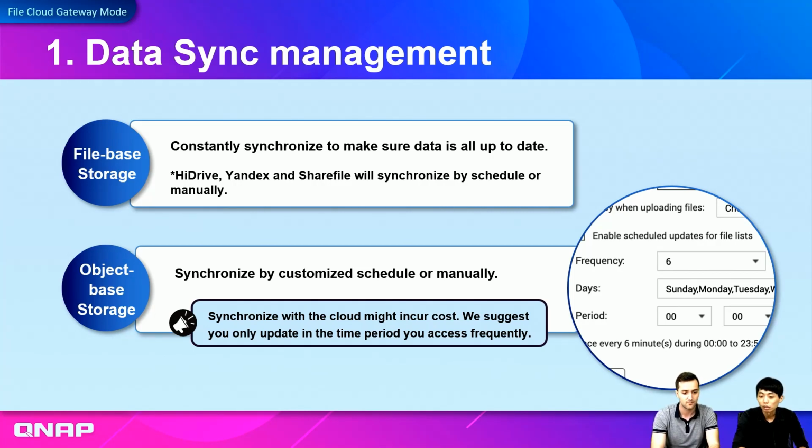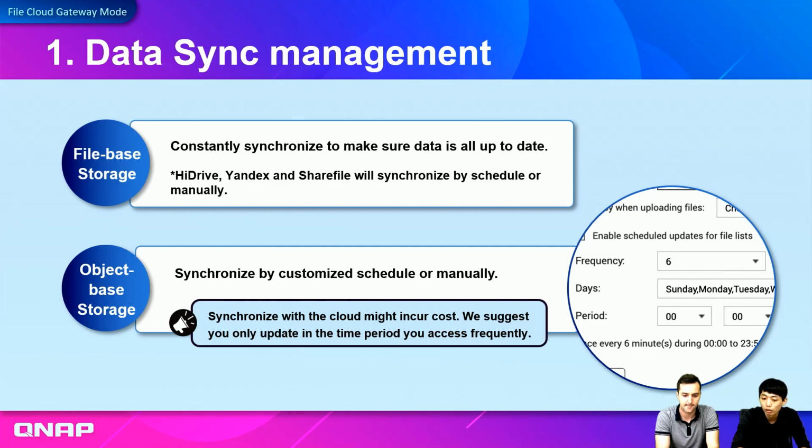Okay. So the first point is that we sync the metadata of the cloud data, because we need this metadata to show the file list. For file-based storage, we constantly synchronize the metadata to make sure the data is all up to date.